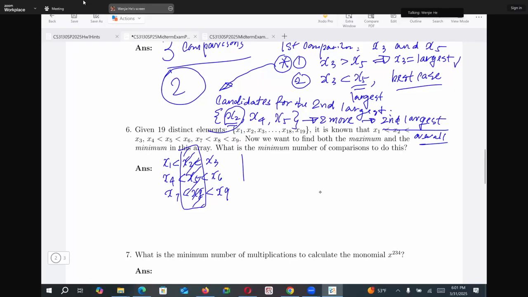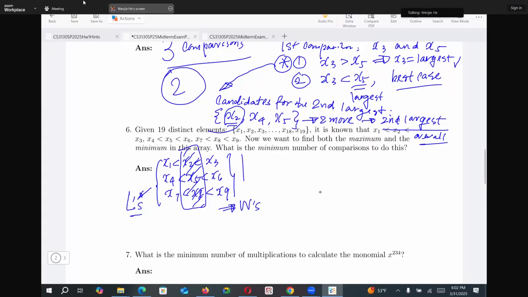Because they cannot be the maximum or minimum. So the easy elimination is the middle 3 elements. These 3 go to the winners group, and these 3 should go to the losers group. That's the tournament method.